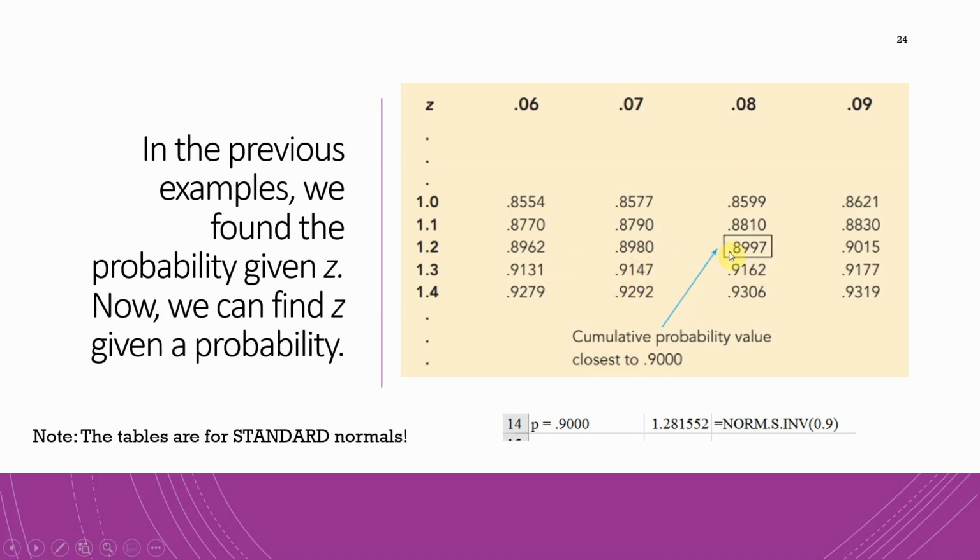So the thing with this is there's limitations because sometimes you won't find the exact probability in the table. So if we're looking through here, we're noticing that these numbers are increasing. We get to 0.8997, and then the next value is 0.9015. So it's somewhere between these two values.